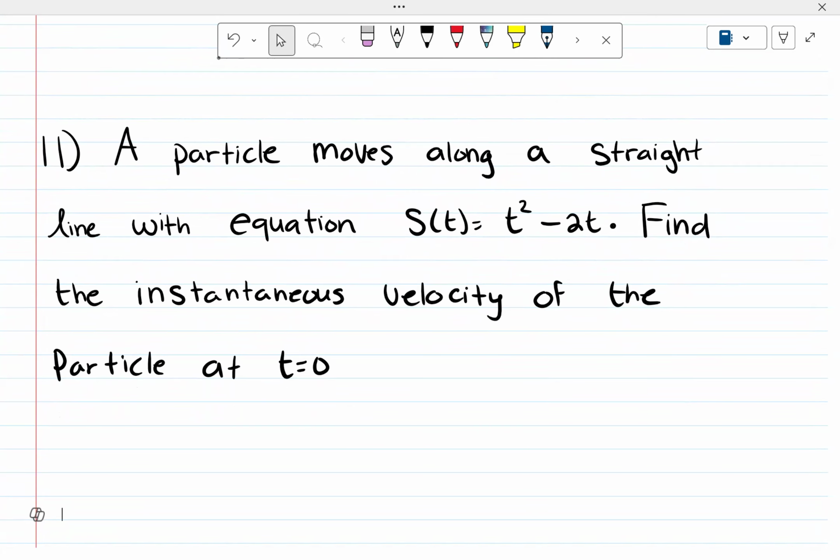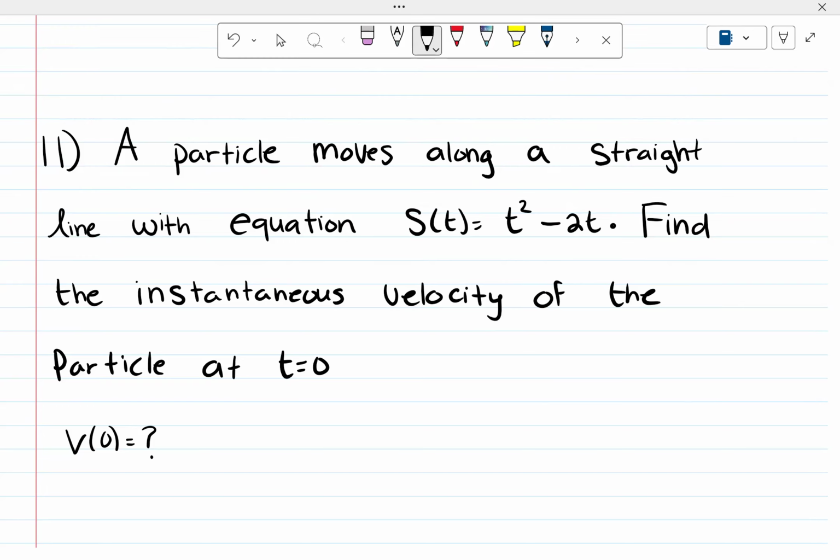Find the instantaneous velocity of the particle when time is 0. So what they're really asking is, find v of 0. That's what we're trying to find.